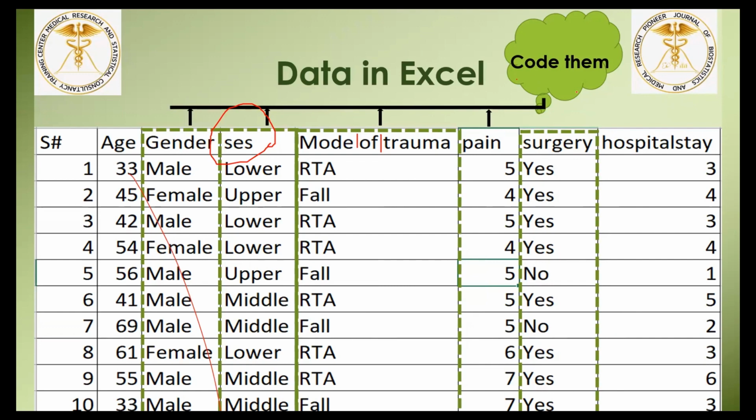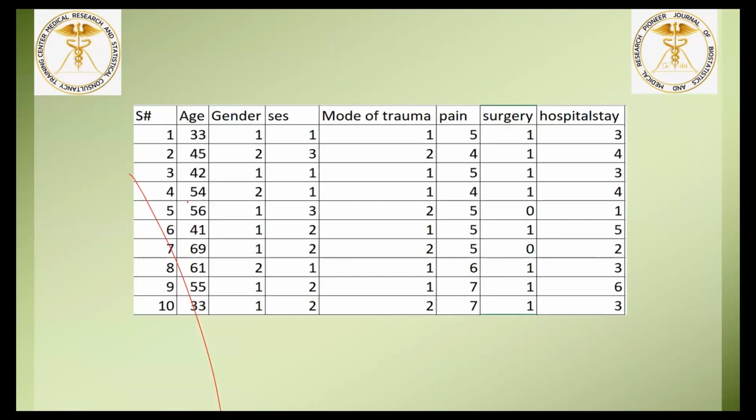What I mean to say, you can write 1 for male and 2 for female. Here in the same sheet, you do not need to make another sheet, or you can save it and make another sheet in which you introduce the coding. How? Like this. If you see here, the gender is coded male and female.